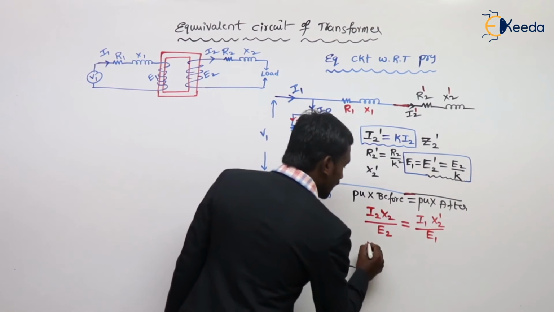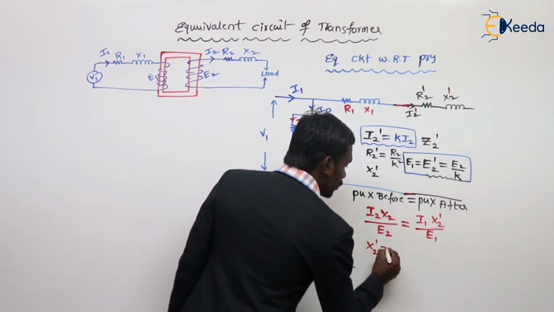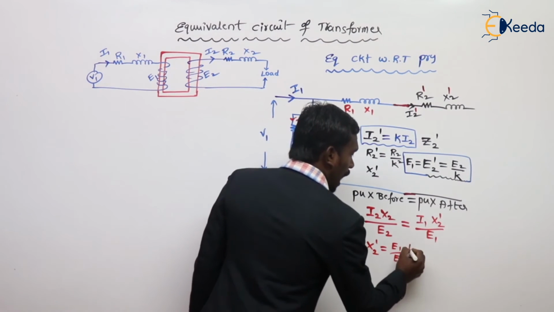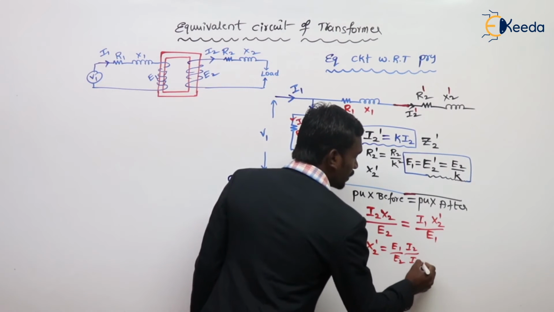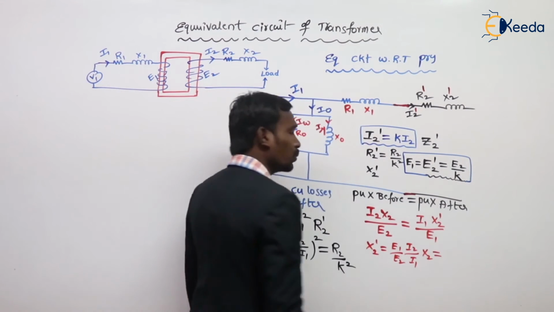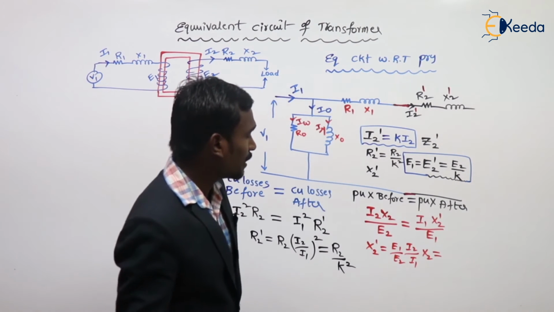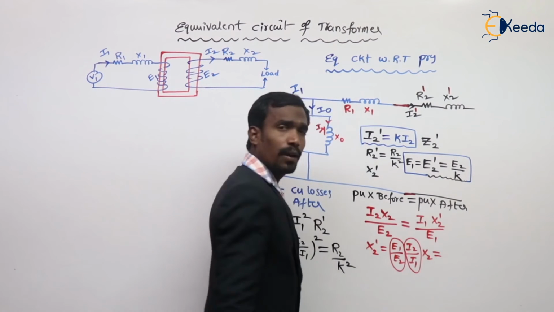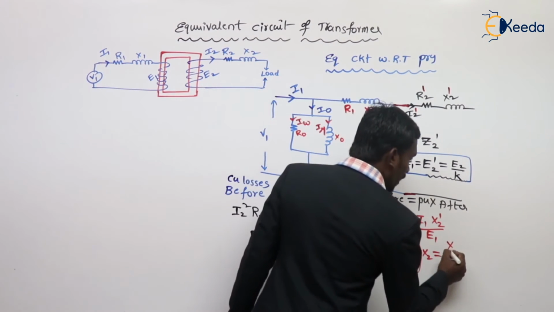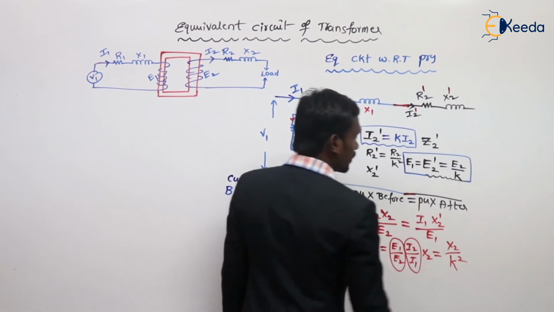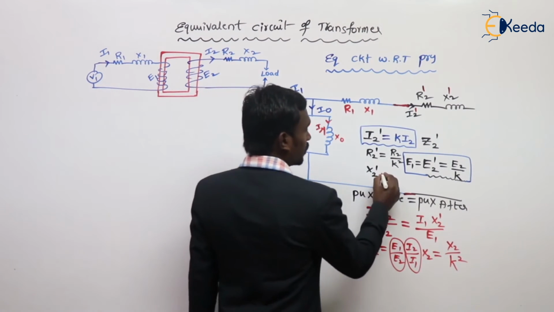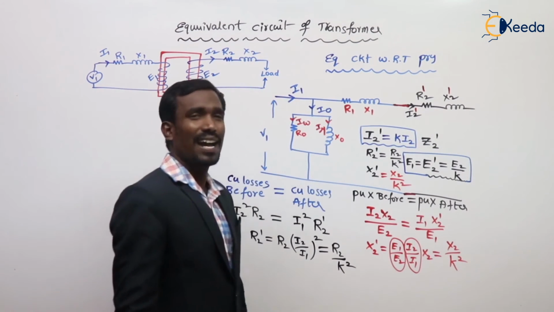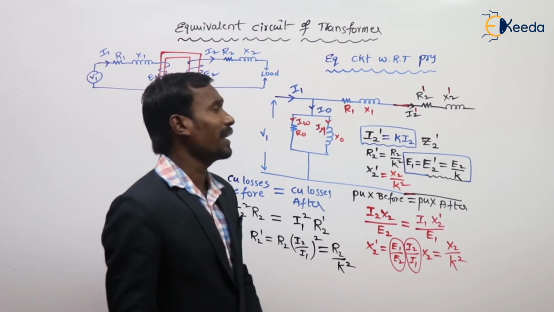Now if you calculate, X2 dash is equal to E1 upon E2 into I2 upon I1 multiplied with X2. Now tell me what is the answer? E1 by E2 is 1 by K, and I2 by I1 is 1 by K, so 1 by K square. So X2 dash is equal to X2 by K square.